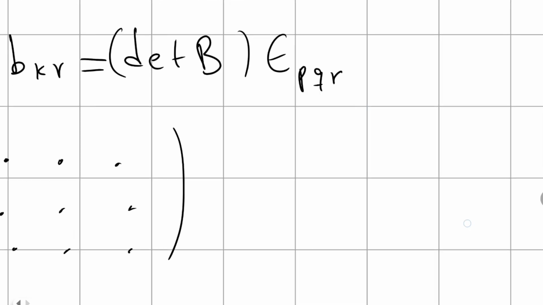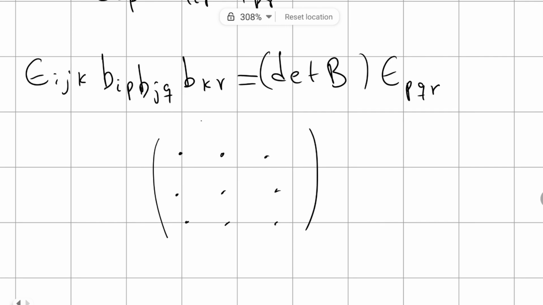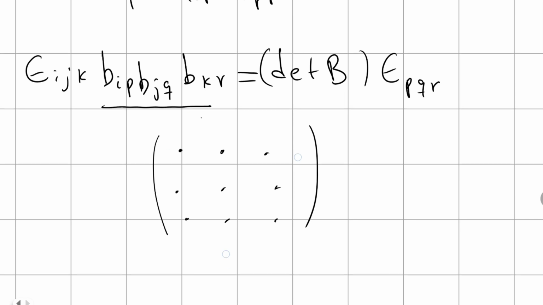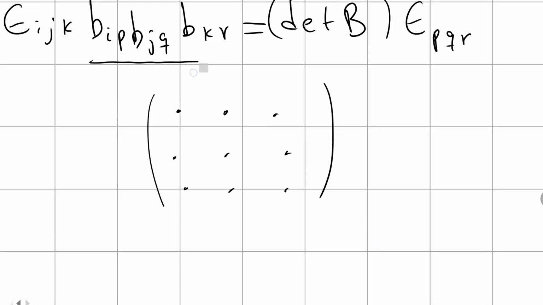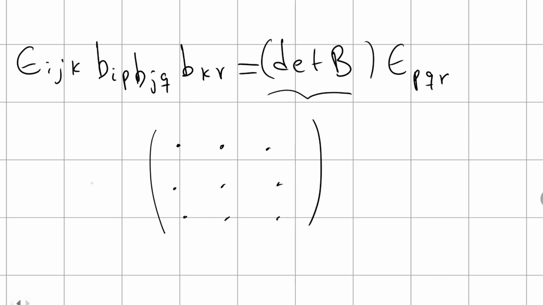The same thing happens here with p, q, r, which represent the columns of the matrix B. So these Levi-Civita tensors make the product valid only for elements from different rows and different columns, and that is exactly what the determinant means. That's why we have the determinant of B here.